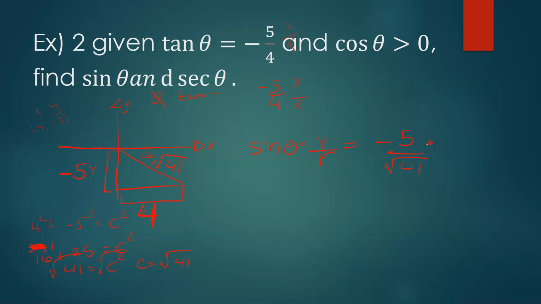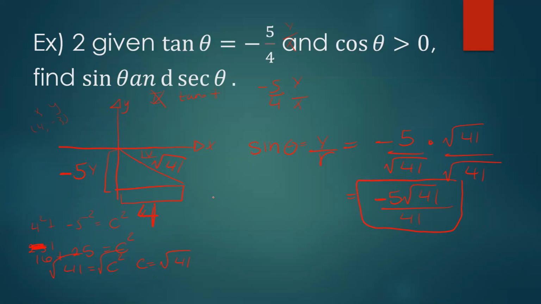You're going to multiply top and bottom by square root of 41. So that's going to be negative 5 square root of 41, and then square root of 41 times square root of 41 is just 41. Sine of theta is negative 5 square root of 41 over 41. This cannot be reduced in any way, so this is your final answer.